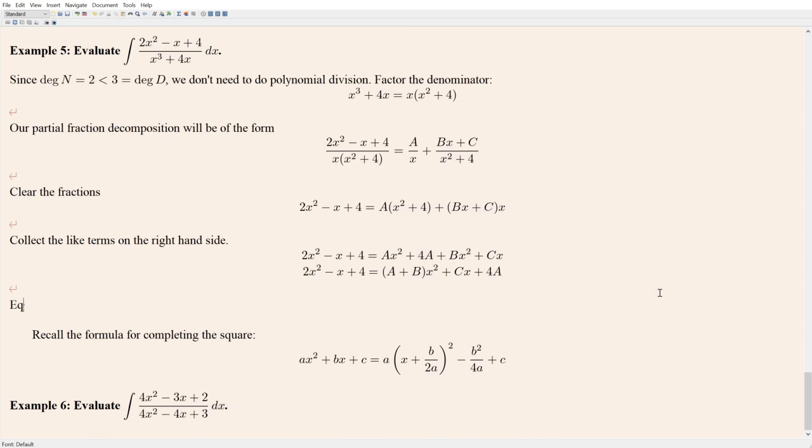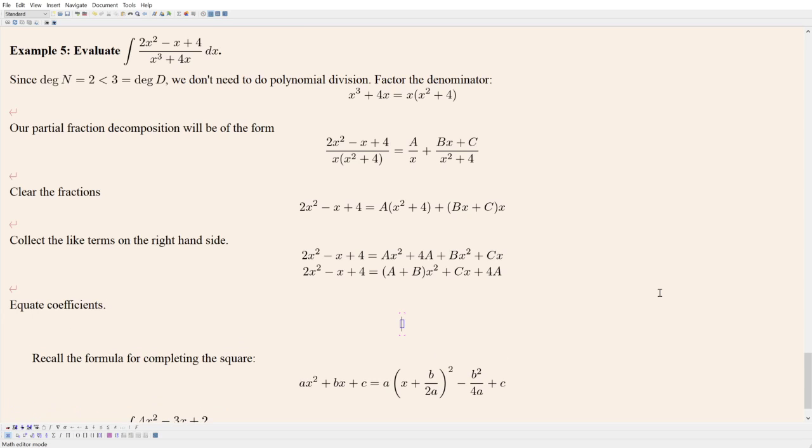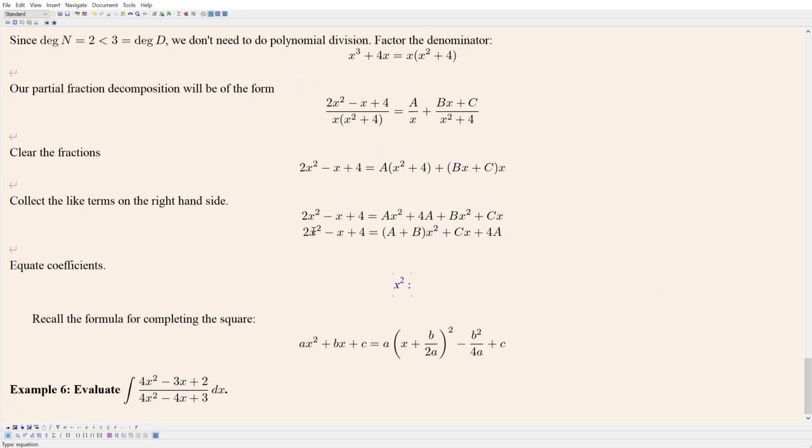Now, let's equate coefficients. For the x squared terms, on the left we have 2, and on the right we have a plus b. If these two polynomials are to be identical for every single value of x, then it must be the case that the coefficients are all identical.